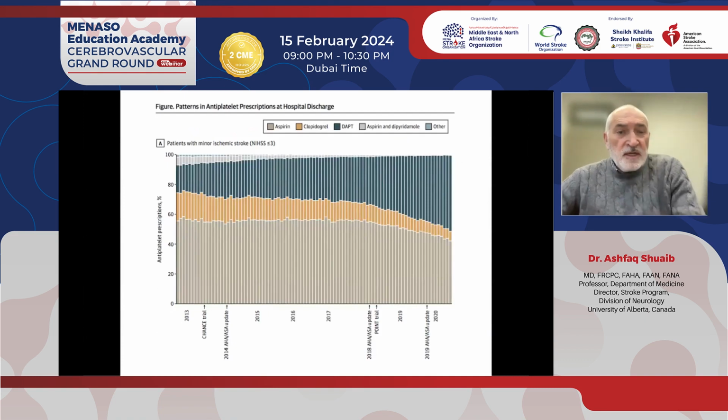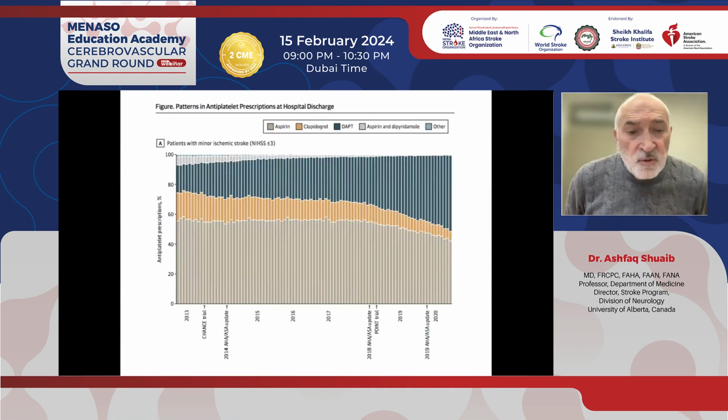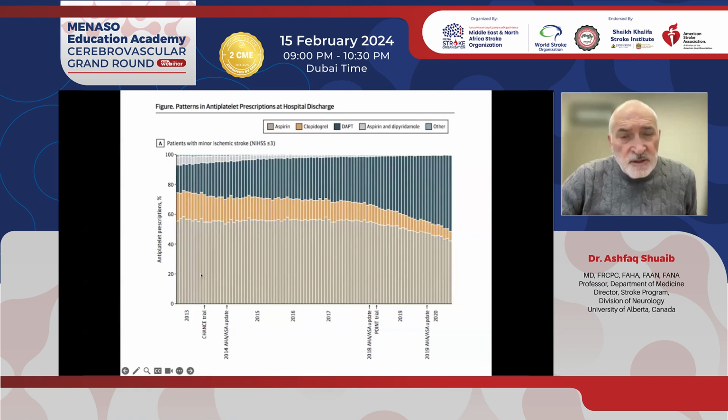So this is the Get With The Guidelines registry. This is a very large group of patients, more than 156,000 patients in the US. And you can see that from 2013, when CHANCE and POINT were published, so POINT was published a little later than that, the usage in high-risk patients with minor strokes of aspirin alone, which is at the bottom here, and clopidogrel has been decreasing steadily, and dual antiplatelets are increasing.